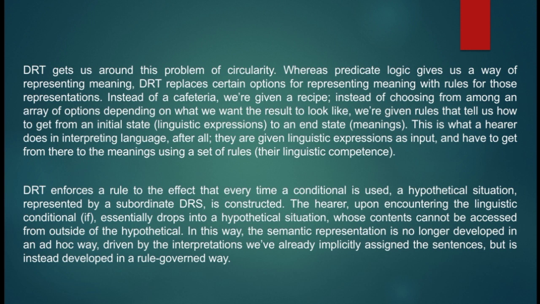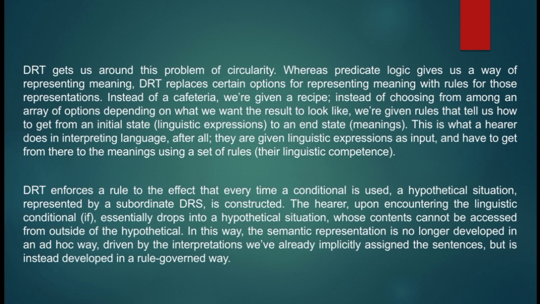So DRT enforces a rule to the effect that every time a conditional is used, a hypothetical situation represented by a subordinate DRS is constructed. So the hearer, upon encountering the linguistic form, constructs the hypothetical situation, while the main DRS remains outside of the hypothetical.